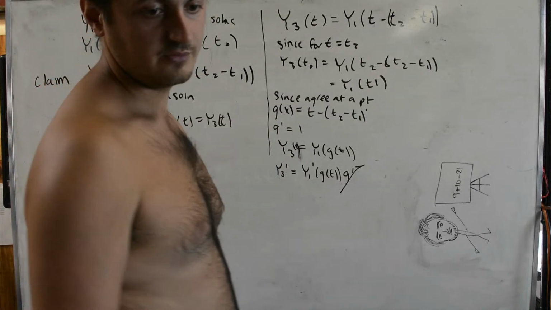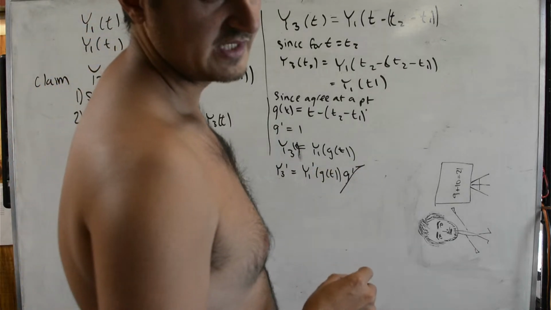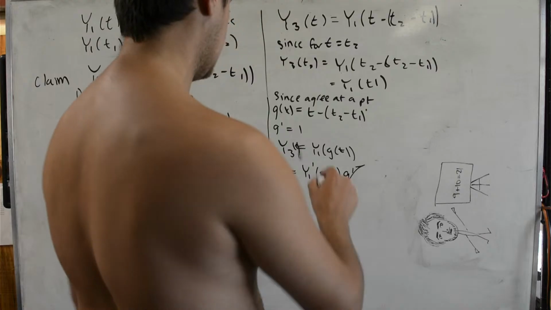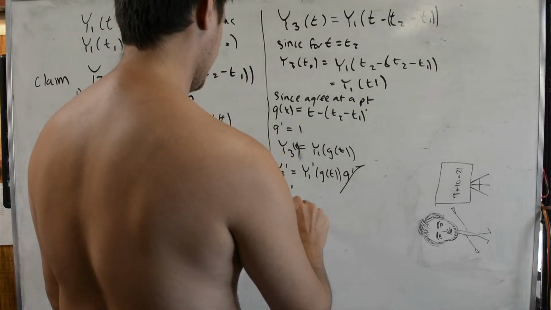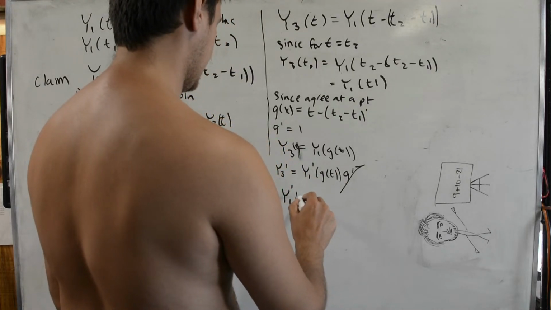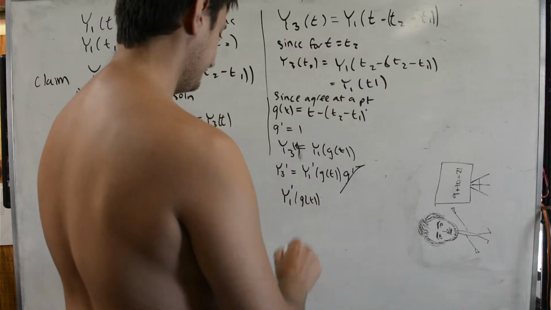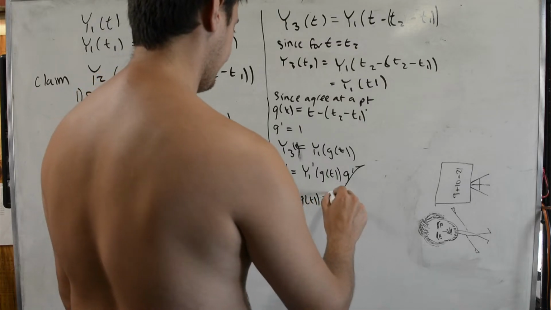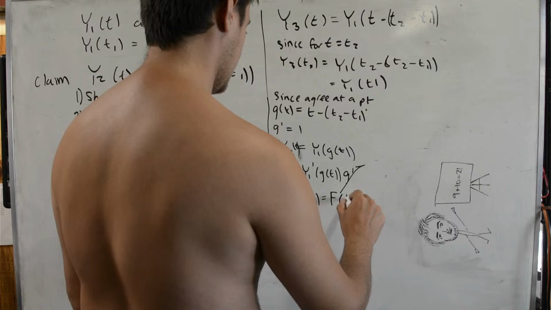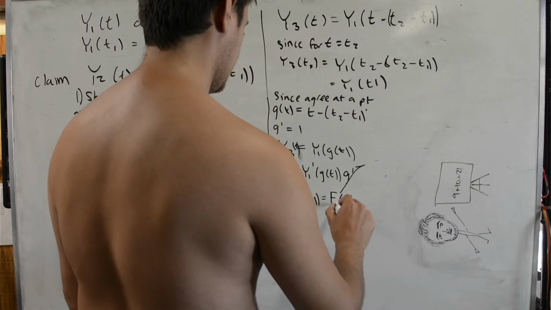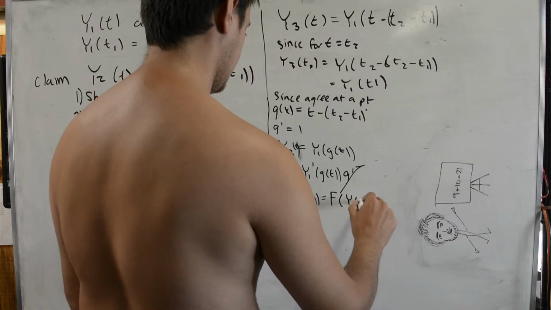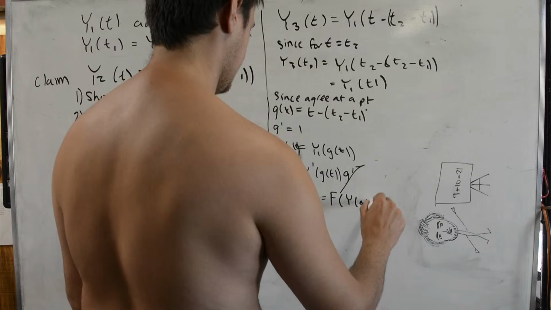So the next step, though, is that y1 prime of g of t is equal to f of y1 of g of t.